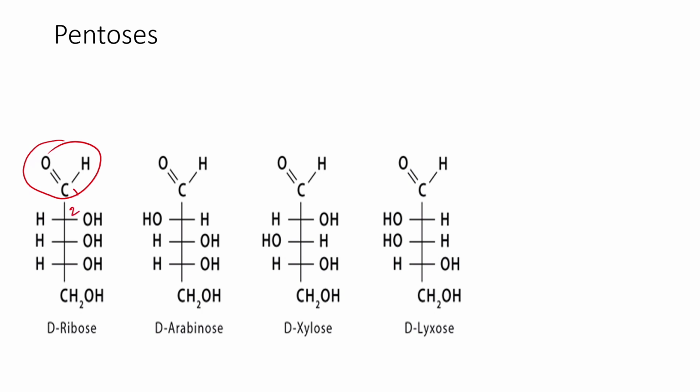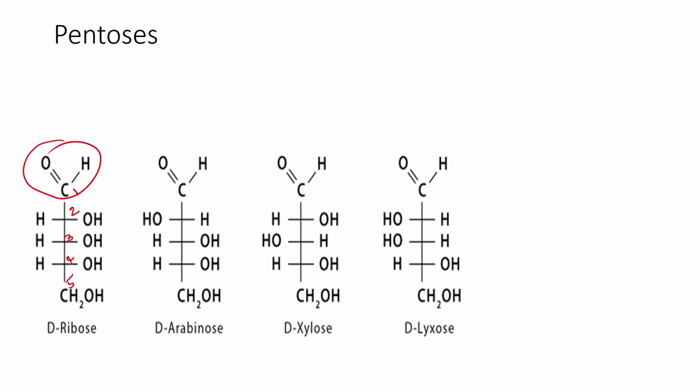When comparing these, we can see different arrangements of the H and OH in all these: D-ribose, D-arabinose, D-xylose and D-lyxose. Here the H and OH arrangement is different in all these pentoses.